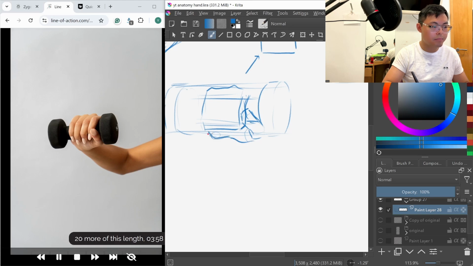So that's the pinky muscles. That's the thumb muscles.